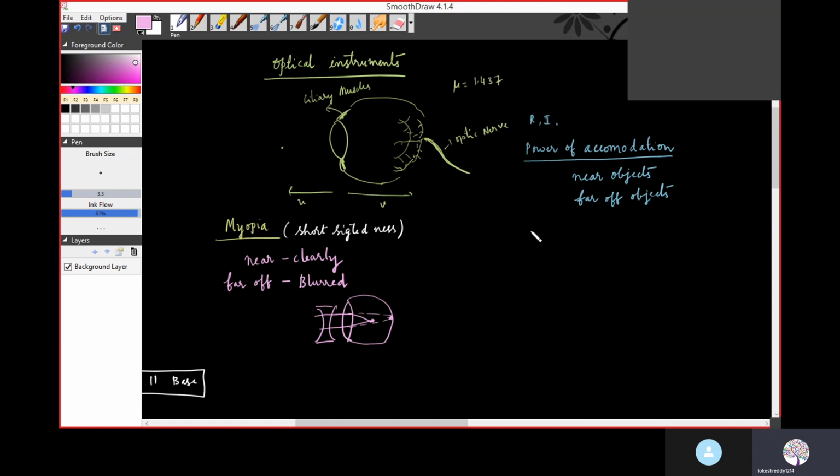Now the other defect in our eye is hypermetropia.